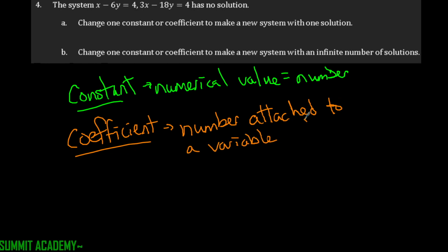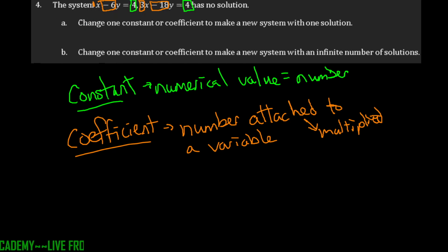And when I say attached, I'm talking about it being multiplied times the variable. So for example, a constant in these systems would be 4 and 4, where for a coefficient, you could say this has 1, this is going to be -6, this is 3, -18. So notice the differences: they're both going to be numbers, but one is all by itself, where the coefficient has itself attached to a variable.